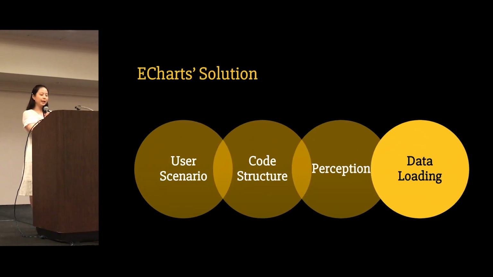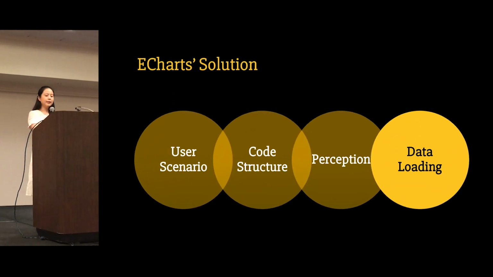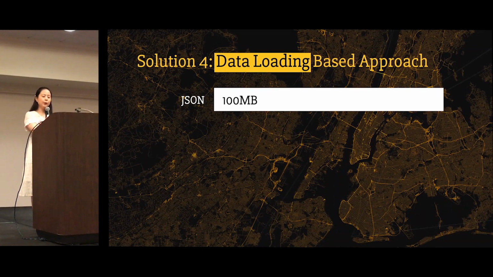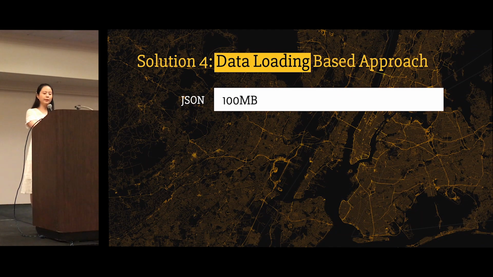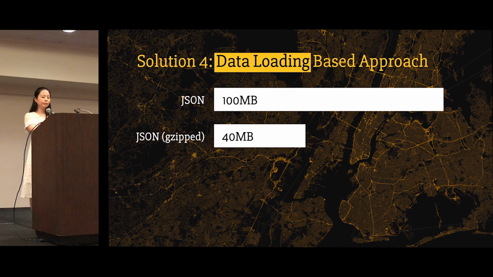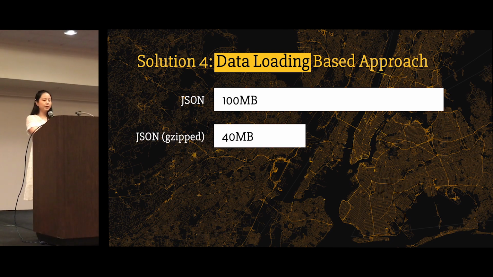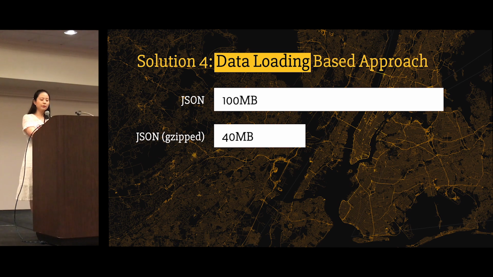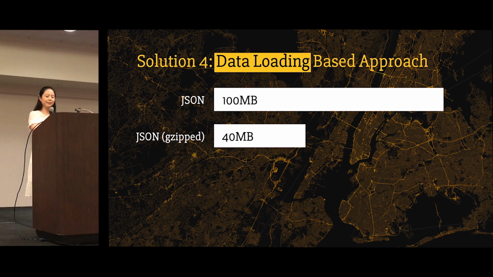The last one I'd like to share about is data loading, which is largely related to the progressive rendering. For example, if we use JSON to store the 100,000 data of that map example, the file size will be about 100 megabytes. Even if gzipped, a 40 megabyte file is still too large to transfer, before the 5G network.